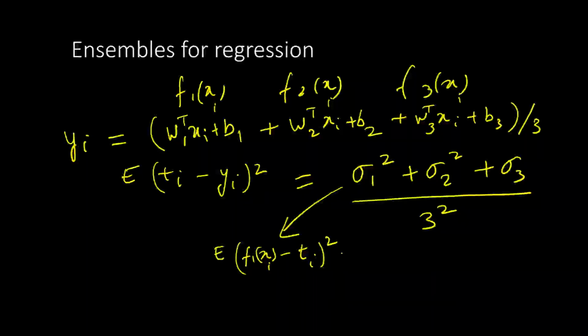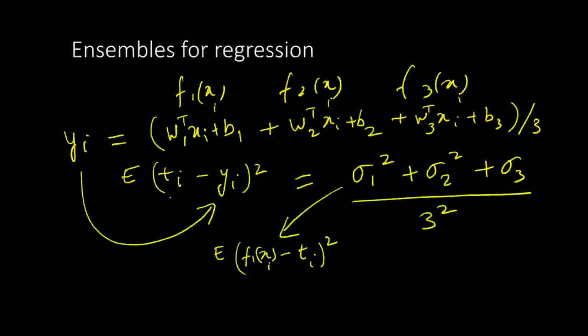But this is only true when we have the cross terms be 0. The reason this comes out like this is that if we plug in this y here and take the difference from ti, the whole squared, we will get a yi squared term, a ti squared term, and ti yi terms.